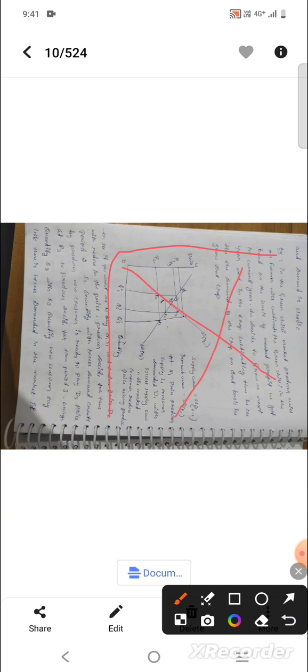At P1 the consumer demands D1, and the supplier brings quantity S1. Sorry, I made the graph wrong, I will draw it correctly. Supply curve steeper and demand curve flatter.